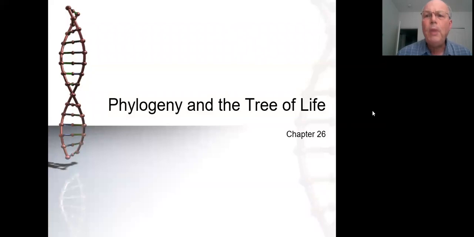Good afternoon, everyone. Let's get started with the next presentation on Chapter 26, the phylogeny or phylogeny in the Tree of Life. This is looking at the modern way that we do taxonomy.